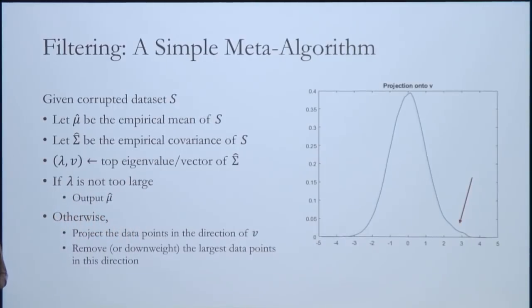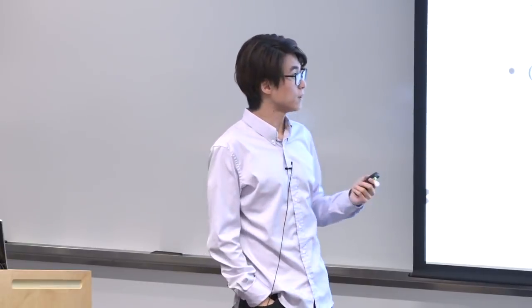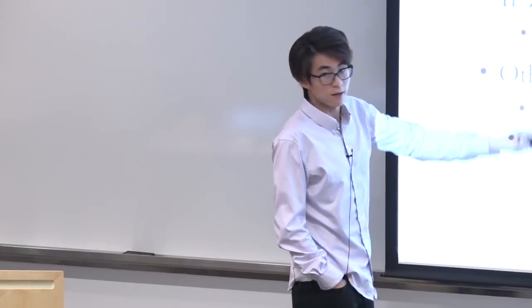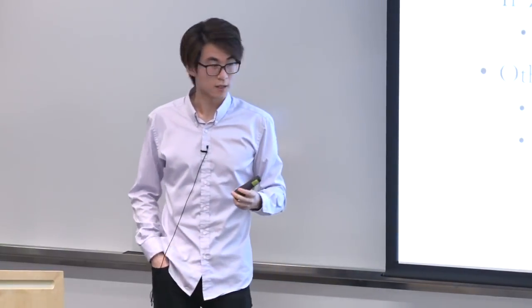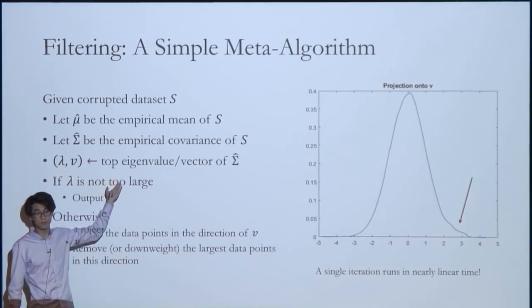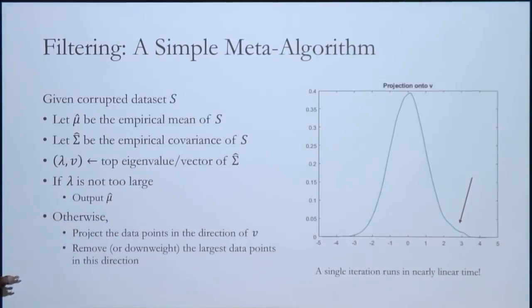Just to try to give a more concrete example of this, to say that this is really all that we need, let me again turn back to this setting where I have bounded covariance. Oh, sorry, I forgot. One thing I should say is that this algorithm is actually very simple to run, because this entire thing requires a couple of passes over the data. You should take the empirical covariance of S, and you need to take the top eigenvalue and eigenvector of this covariance, which might be hard if you don't want to do SVD of a large data set.